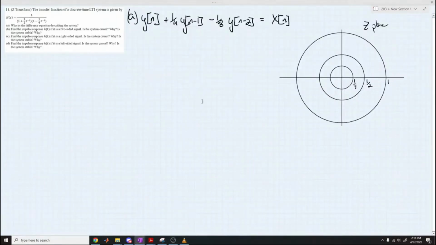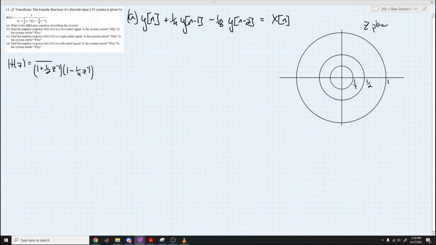Okay. All right. So for parts B, C, and D, before we get to them, let's get our H of z into something that looks like it's from the table. So we have H of z equal to 1 over the quantity 1 plus 1/2 z to the negative 1 multiplied by 1 minus 1/4 z to the negative 1, and all this is in the denominator.